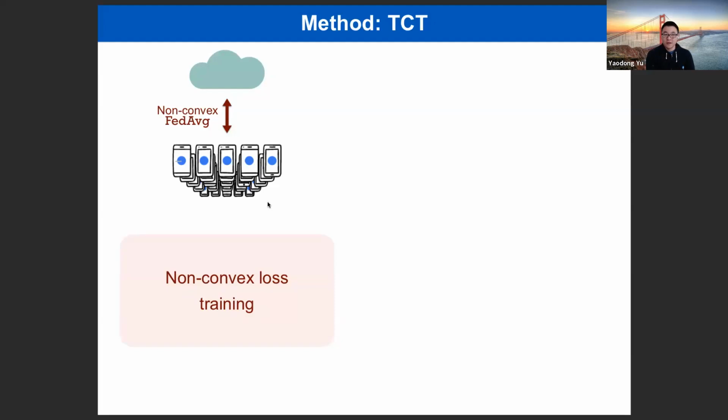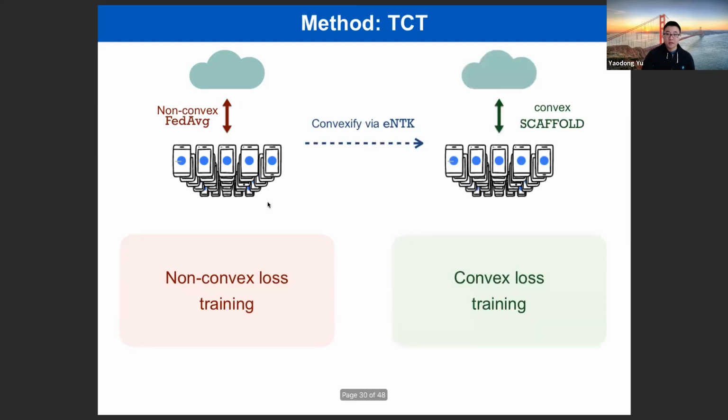On the left, using federated averaging, we can learn something useful in terms of the representation by using the non-convex loss. The previous centralized SGD retraining is still a non-convex procedure, still using SGD to optimize a non-convex loss.